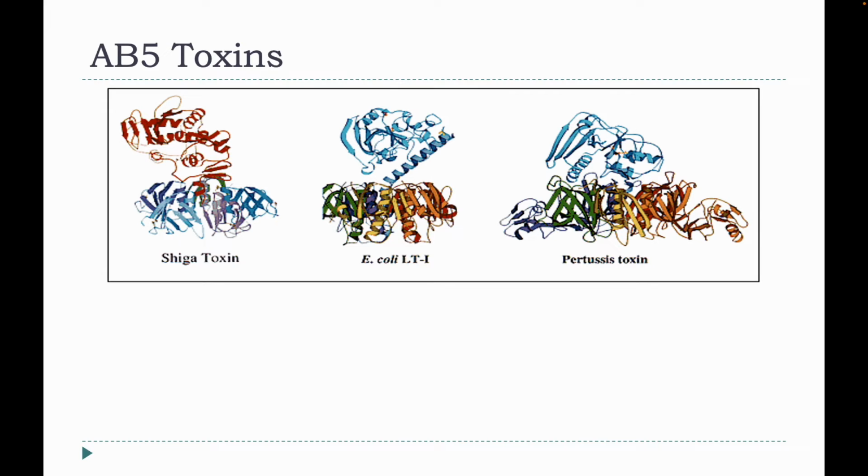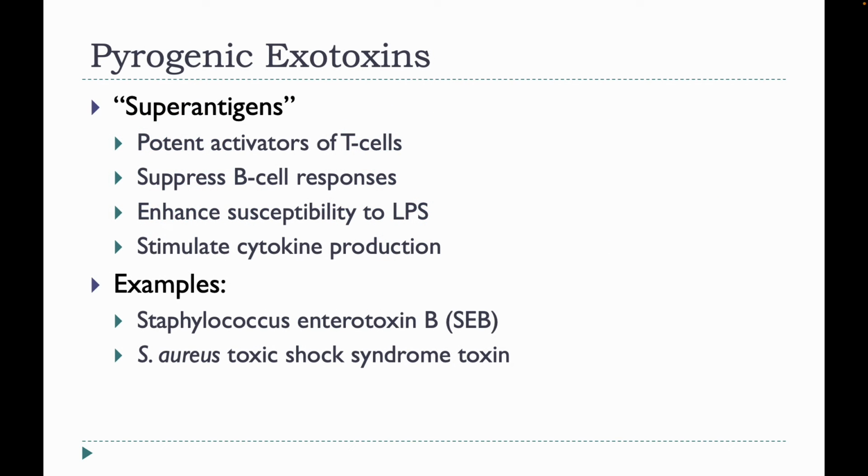Obviously the biggest payoff from this spin-off is botulinum toxin, which is used in a billion-dollar industry for cosmetic reasons. But understanding how that toxin worked was a necessary precursor to that.